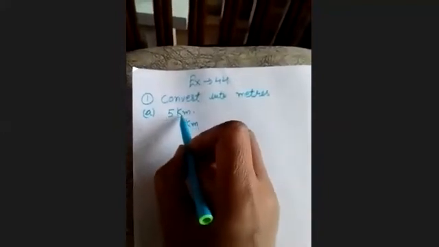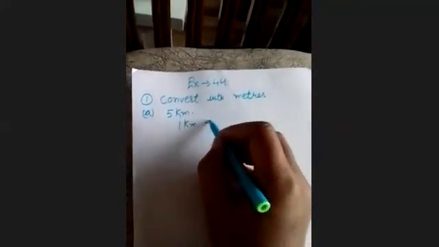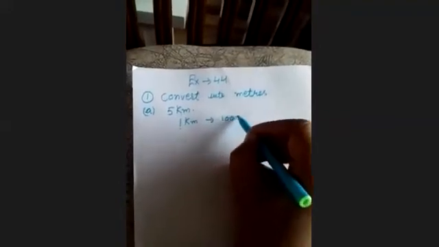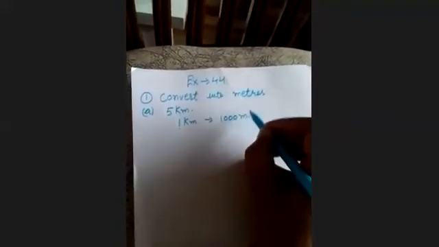Now part A is 5 kilometers. Students, in 1 kilometer, now we are converting kilometer into meters. In 1 kilometer, we have 1000 meters.